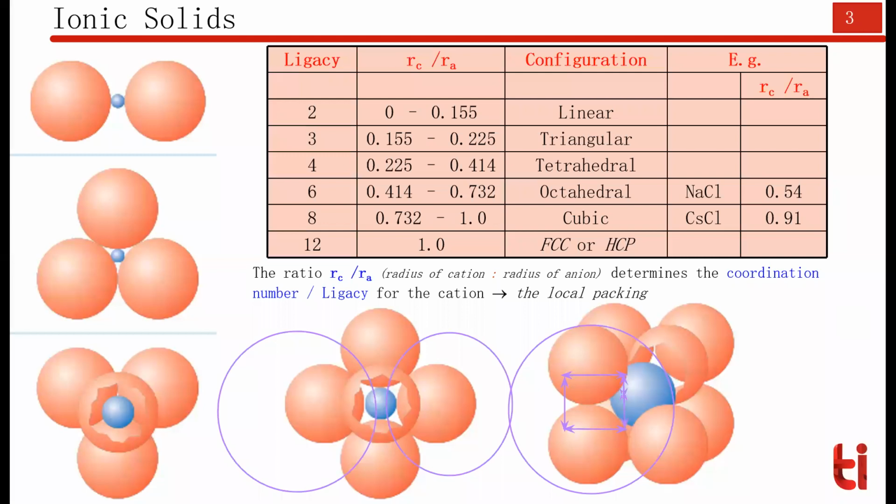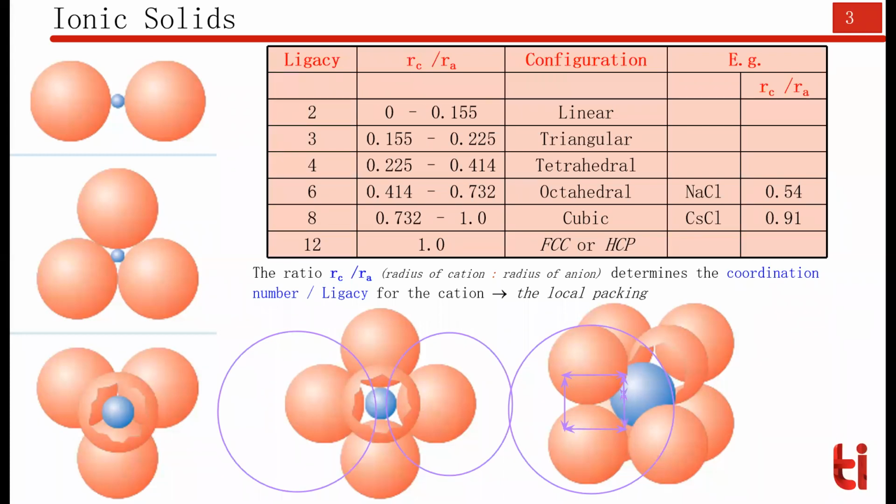And in an ionic solid, the neighboring atoms always have opposite charge. So the number of such nearest neighbors in ionic solids is called its ligancy. If one anion is surrounded by two cations, or two cations are surrounded by two anions, then your ligancy is 2. Likewise, if one anion is surrounded by three cations, the ligancy is 3. If one anion is surrounded by four cations, then the ligancy is 4, and so on.